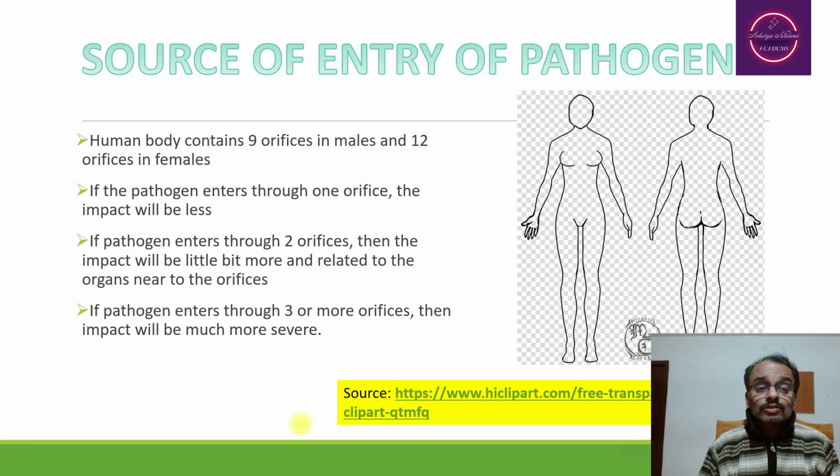For example, if the pathogen is entering through one orifice, most commonly the mouth, then we are going to have the initial manifestation of abnormal pathology in the alimentary canal. Firstly in the mouth, then you expect it in the stomach, then the small intestine, large intestine.